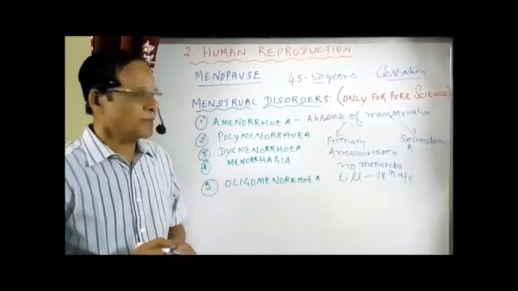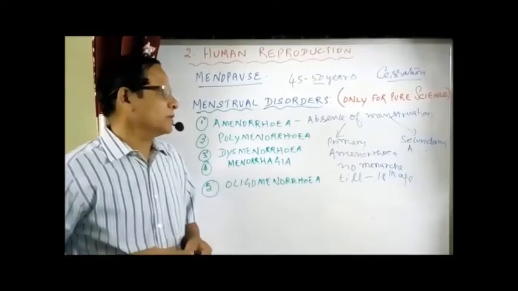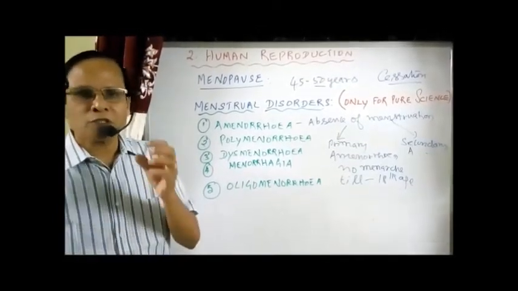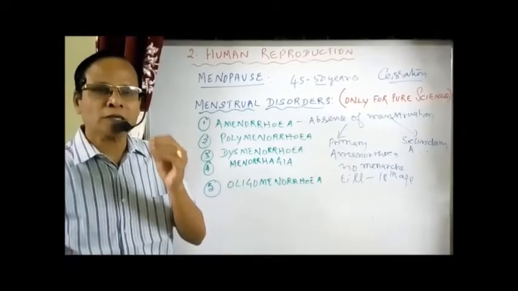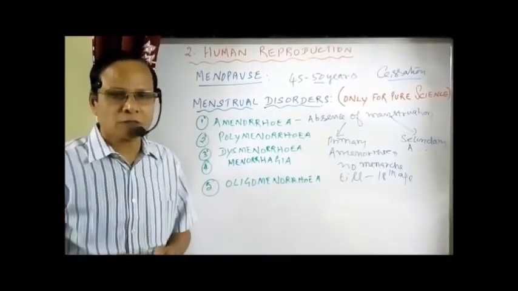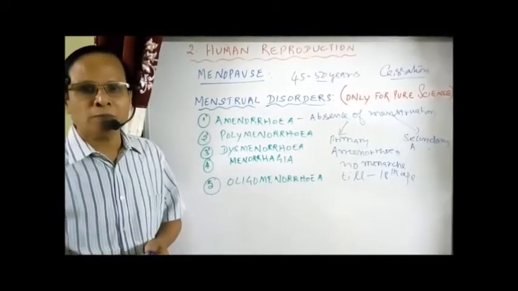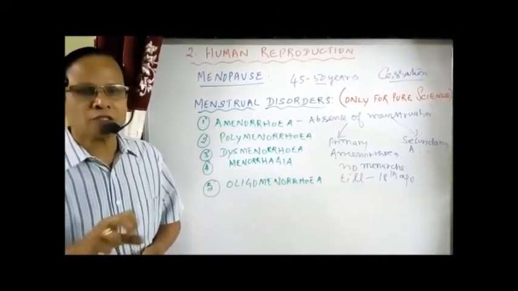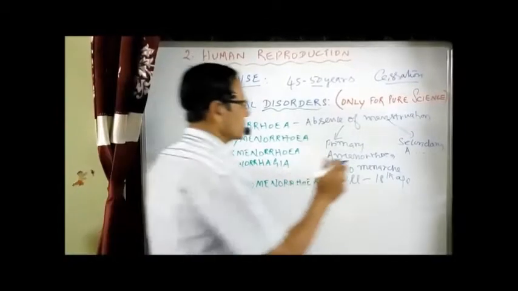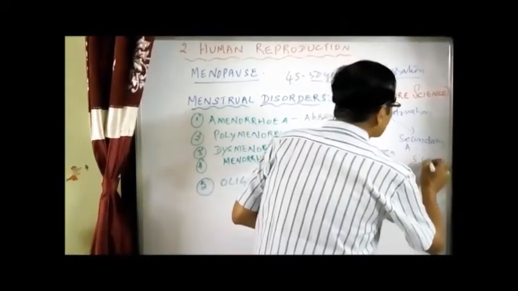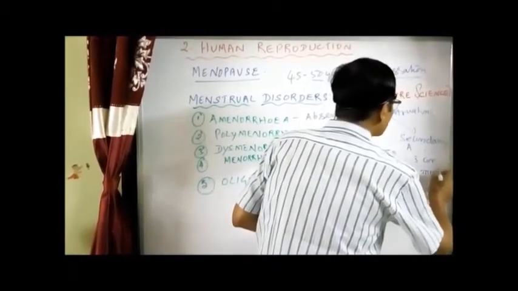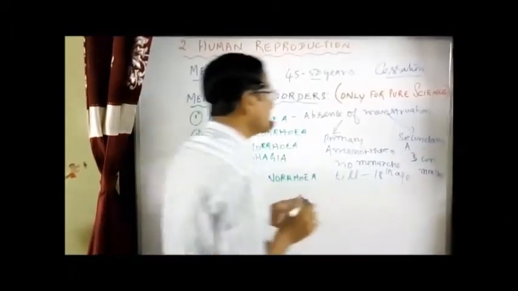Secondary amenorrhea is the absence of menstruation for over 3 consecutive months. This is what is called secondary amenorrhea.